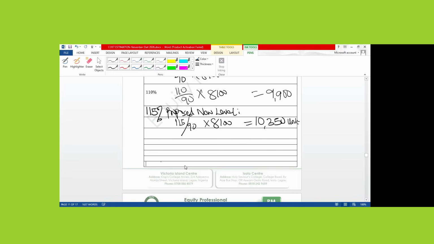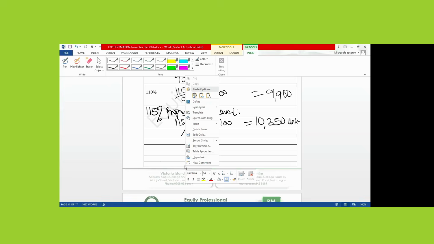A doctor will conduct tests because not all pains will Panadol treat. So we carry out tests for cost behavior.